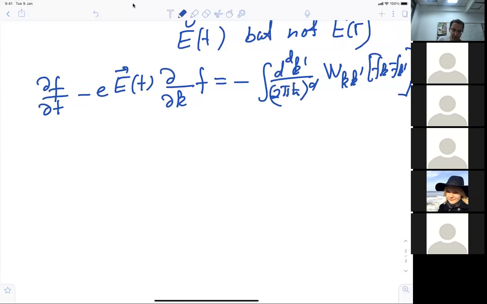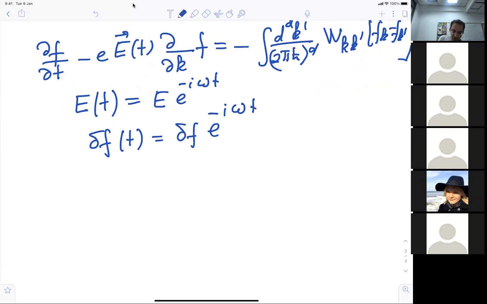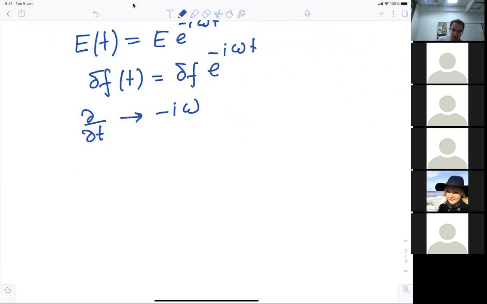Okay, so let's assume that the electric field is an oscillating field with a single frequency. And therefore we will look for a solution delta f as a function of time, which is delta f times e^(-i omega t), which means that upon such a function d over dt yields minus i omega, and the equation becomes... and we also use an ansatz.